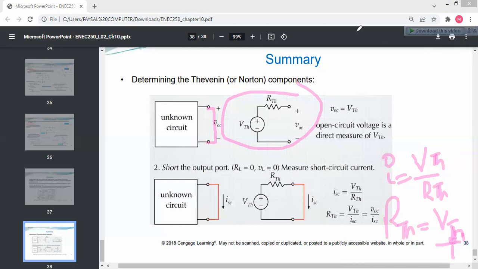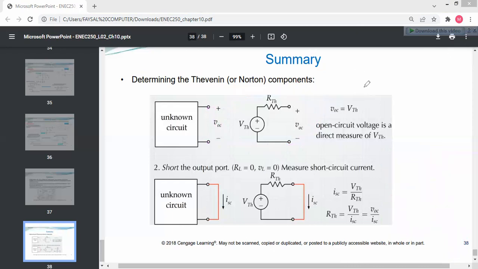So just summarizing two major points: when there is only a voltage source, V naught will be equal to V Thevenin. And in case of a short, short means there must be a current flowing from the positive to the negative terminal.